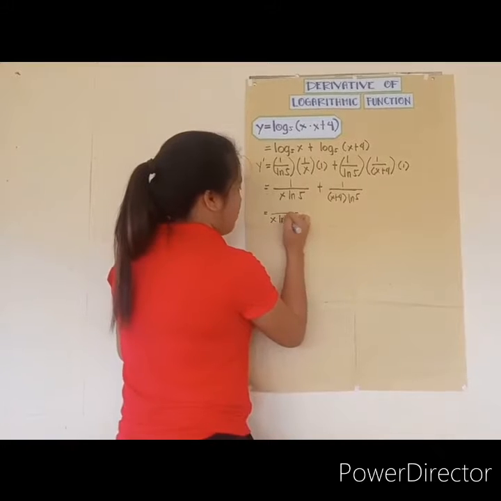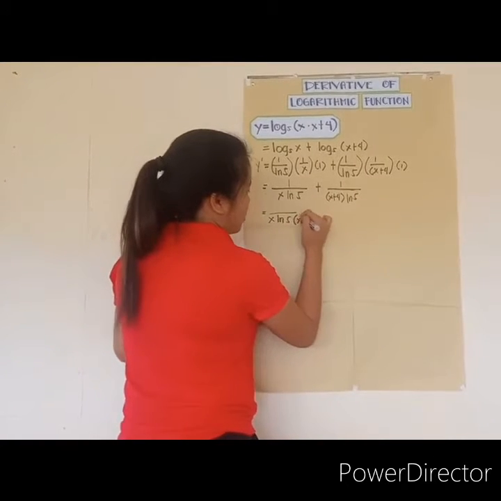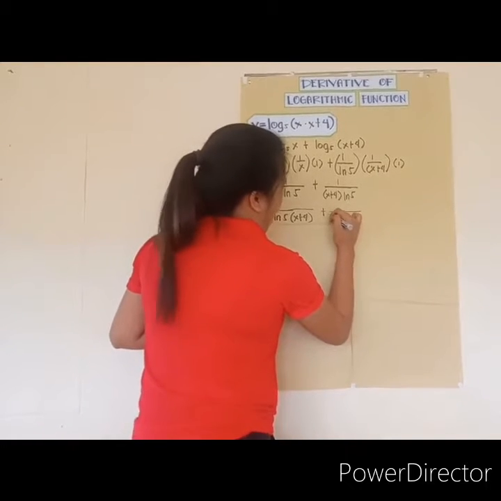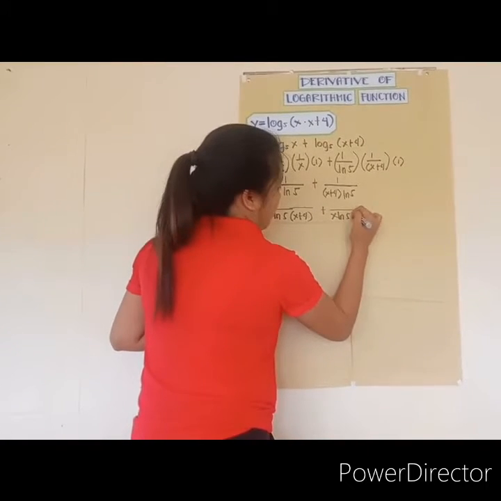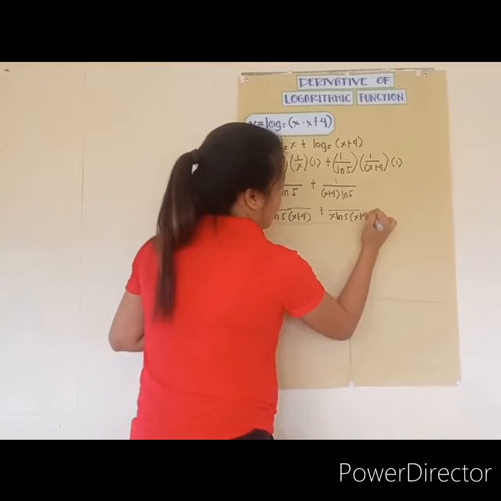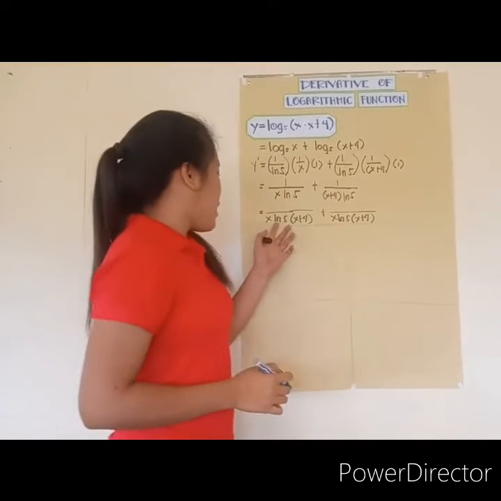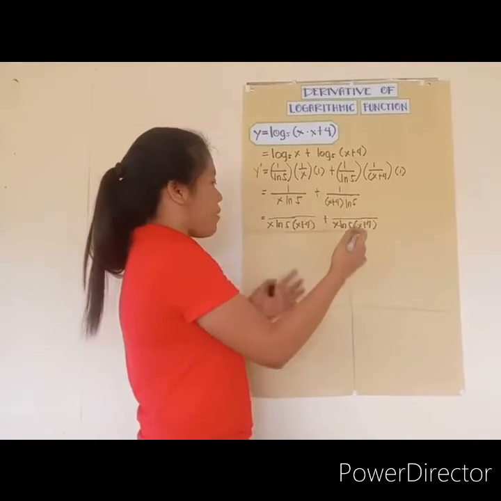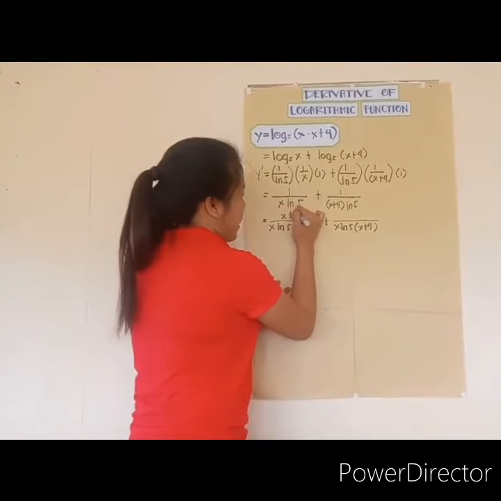x ln of 5 quantity x plus 4 over x ln of 5 times x plus 4. And then x ln of 5 times quantity x plus 4 divided by x ln of 5 times 1 will become x plus 4.